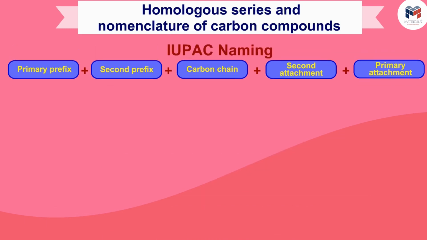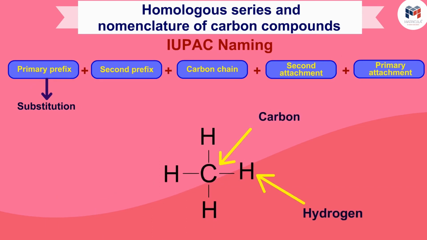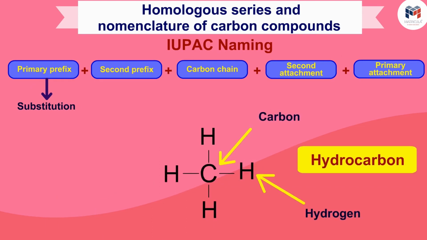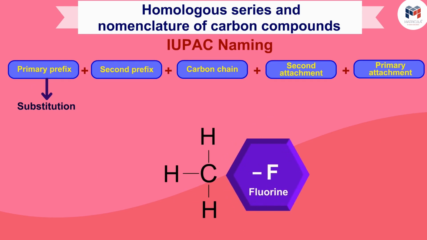See, first you have to tell about the substitution. Now, what is this replacement? Just like when there are only carbon and hydrogen, it is called hydrocarbon. If inside it we remove any hydrogen and replace it with fluorine, because both hydrogen and fluorine form a bond with carbon.